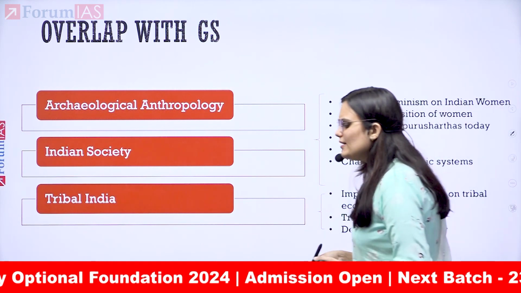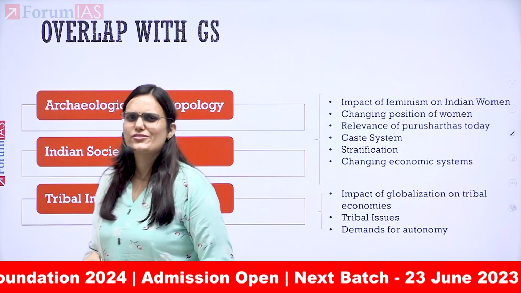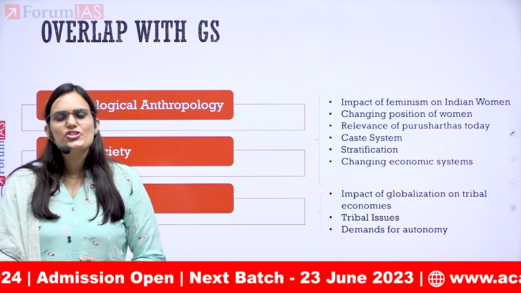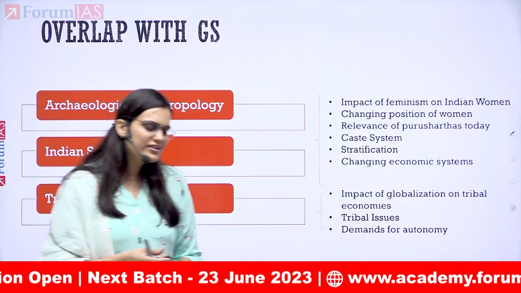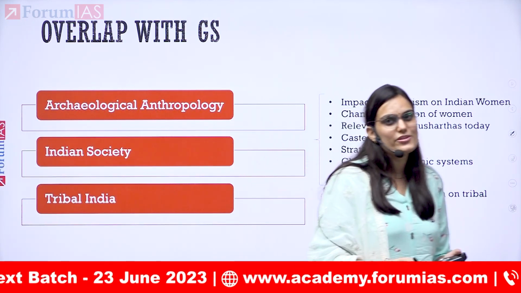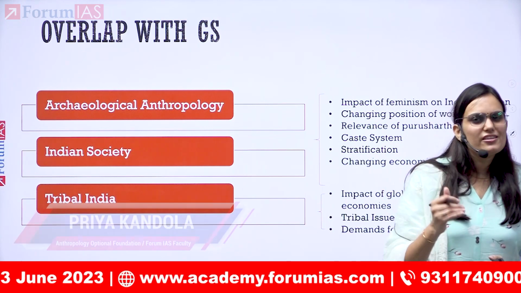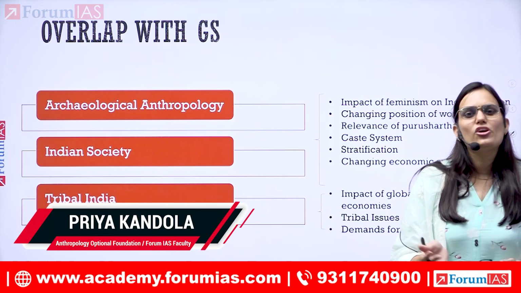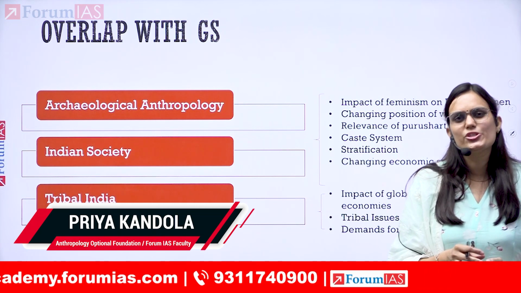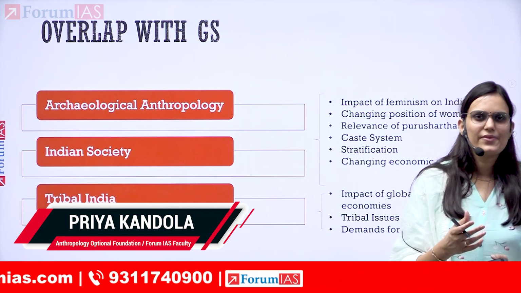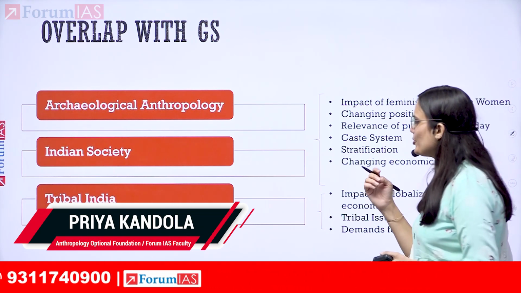Now coming to the second very commonly asked question, does anthropology have an overlap with the general studies? If yes, how much? Because when you are under the notion that it is nothing but biology, you will have this perception that there is no overlap. So 3 sections I've pointed out here.